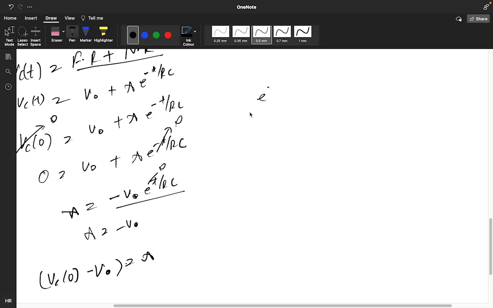So the A value is VC of 0 minus V naught, and substitute this value in your equation. VC of t is equal to V naught plus VC of 0 minus V naught into e power minus t by RC.